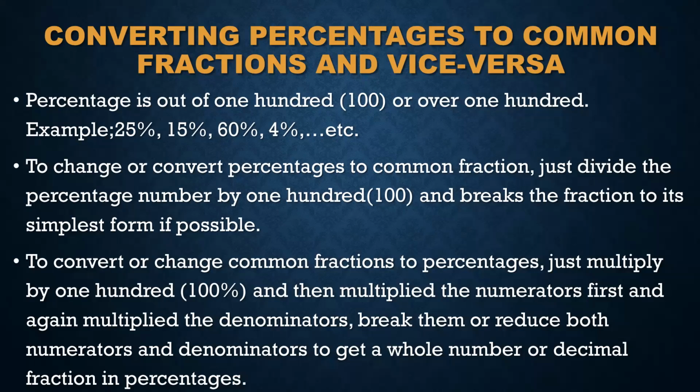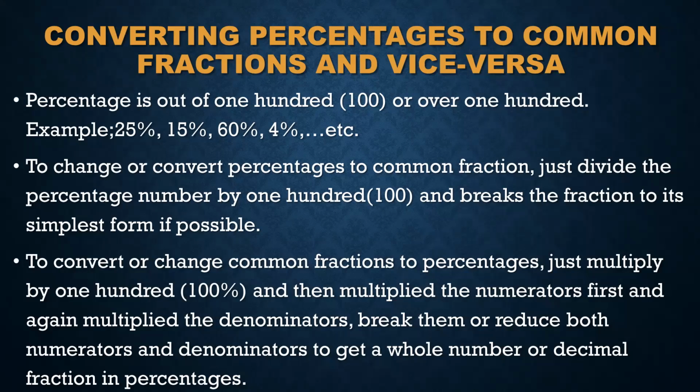Then you are going to change common fractions to percentage. To change something to percentage is a matter of multiplying the entire number by 100% and then multiplying the numerators first and again multiplying the denominators.